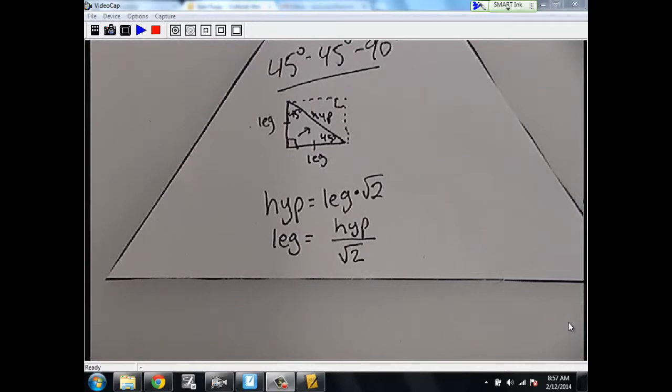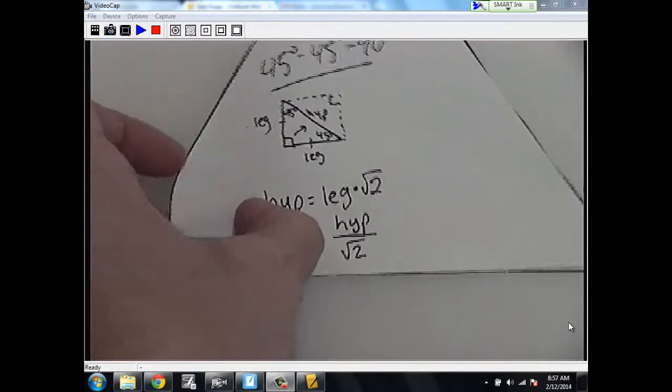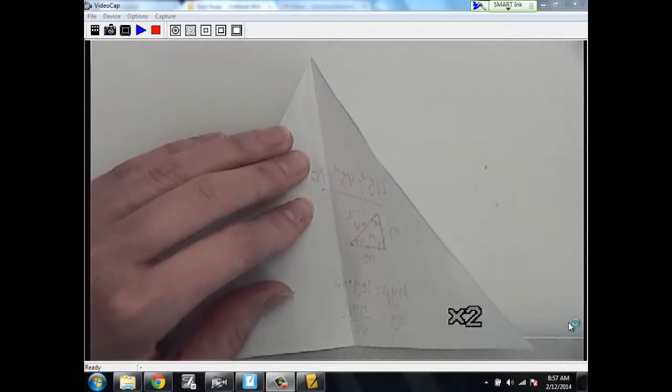Then, we're going to talk about another kind of triangle. What you need to do is take your paper, fold it in half, match up your vertices, crease it, and I am going to draw a line down the middle on my crease.